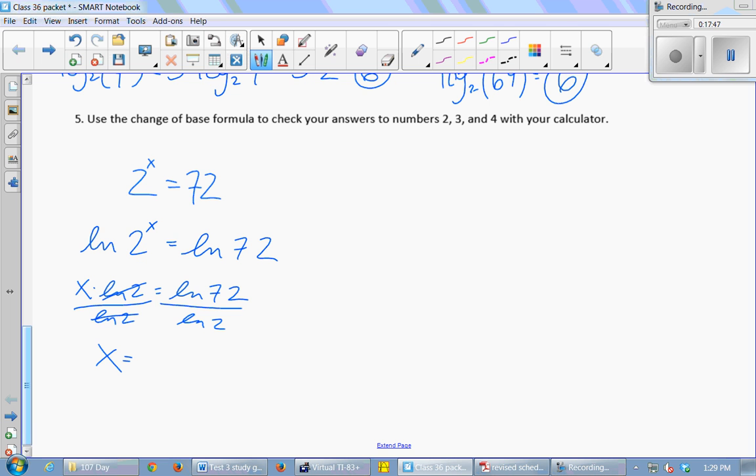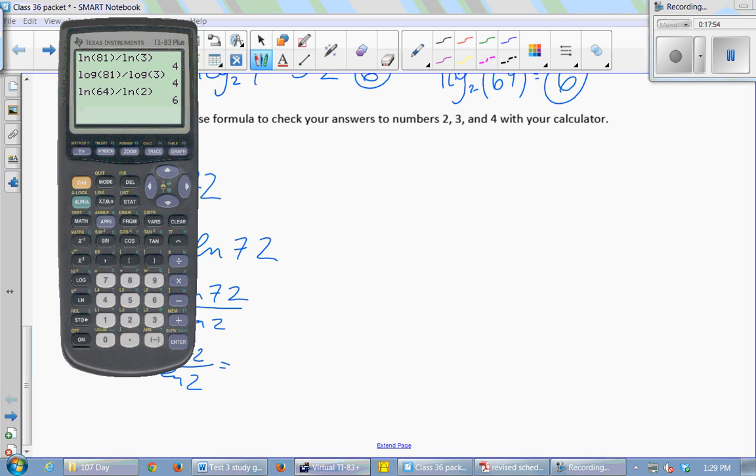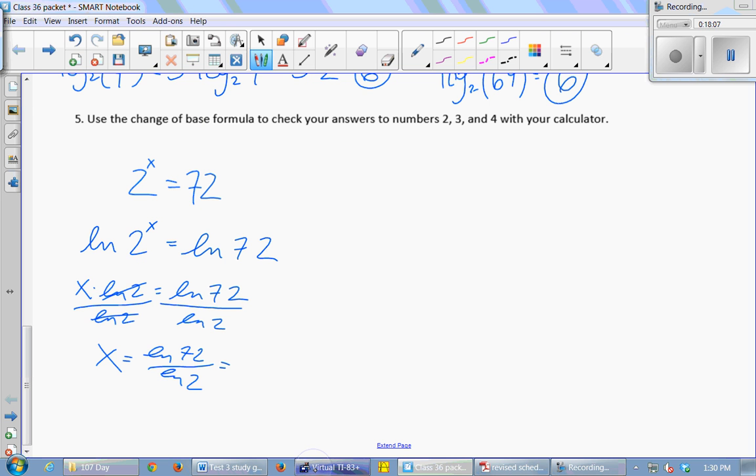And we get x equals ln 72 over ln 2. And my calculator can do that. And I get 6.17, which I knew should come out somewhere between 6 and 7.